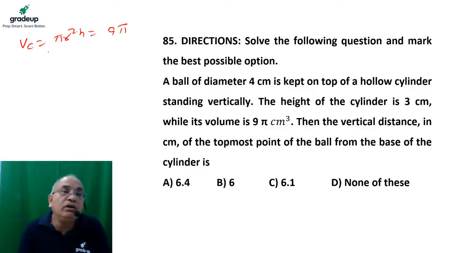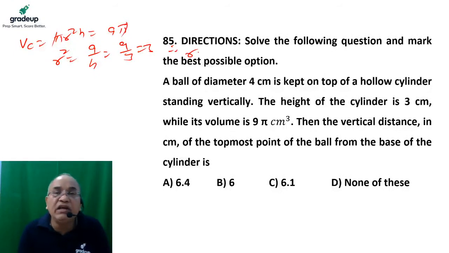Pi will be cancelled by pi, so r square is 9 by h, and the height is given, that is 3. So r square is 3, therefore r is root 3. So the radius of the base of the cylinder is root 3. Got it? And because h is given, r can be calculated, which is root 3.